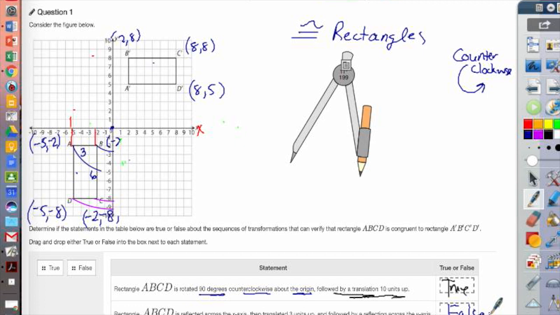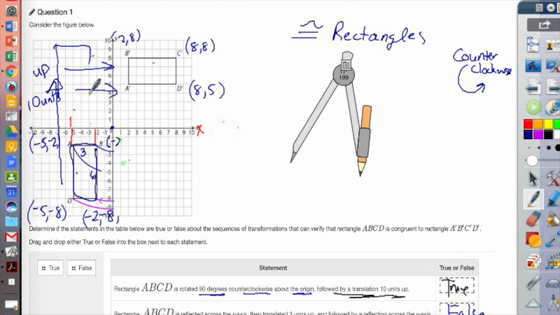The last one, rectangle ABCD, is translated 10 units up and then reflected across the y-axis. Okay, well, we have the same problem here. We're going to take this triangle, and all we're going to do is move it up 10 units, and then we're going to reflect it this direction.